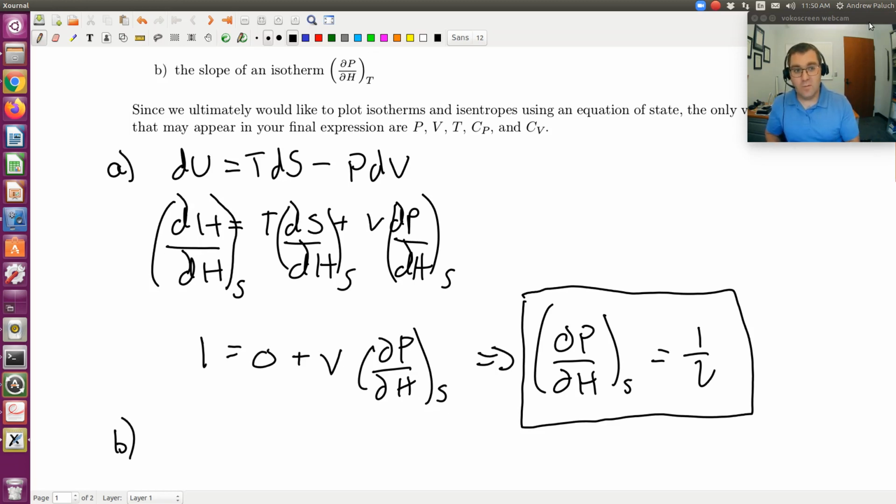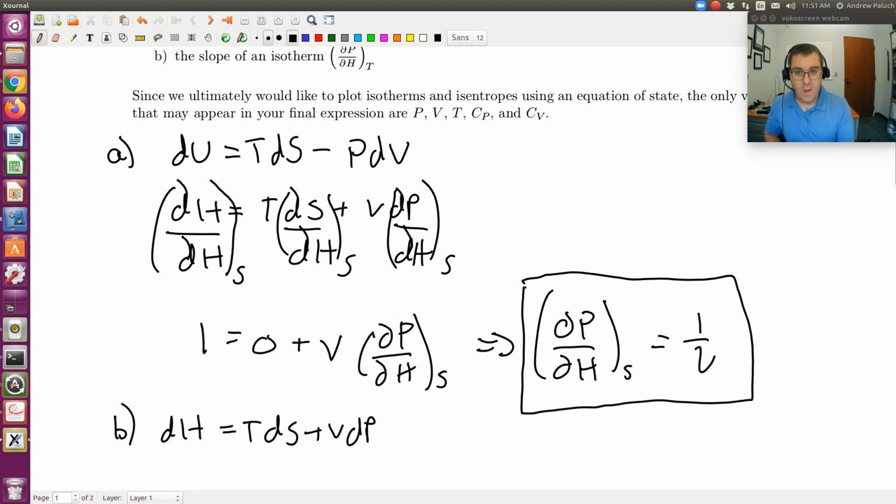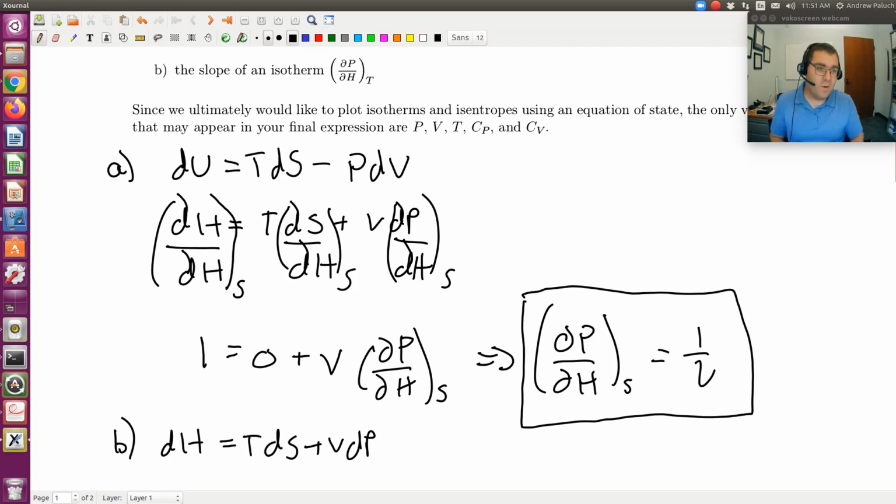Starting with what we had here, the fundamental equation for H is dH equals TdS plus VdP. What I'm going to do is start by doing exactly what we did last time. We'll find it doesn't work. Spoiler alert.